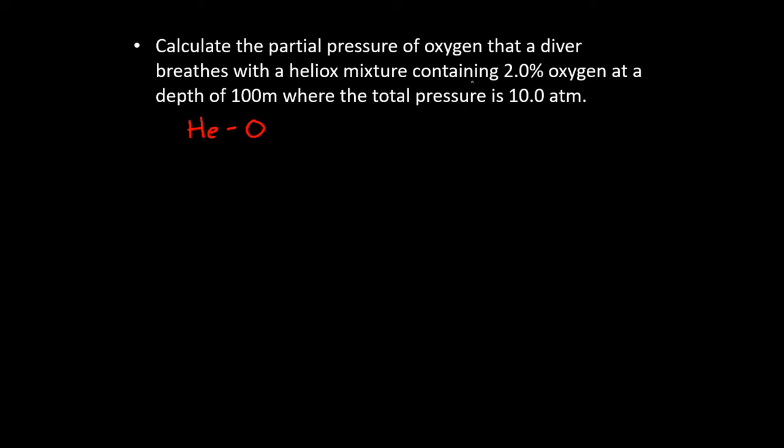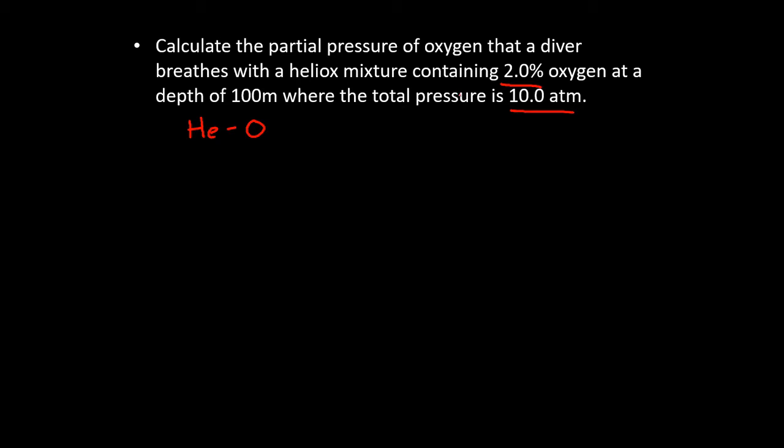So we're told that our mixture contains 2% oxygen, and when we're at 100 meters, we're going to have a total pressure of 10 atmospheres. And we're asked to find the partial pressure of oxygen in that state. And so really what we're trying to do here, even though it's not immediately obvious, is we're actually just trying to figure out what's 2% of 10 atmospheres.